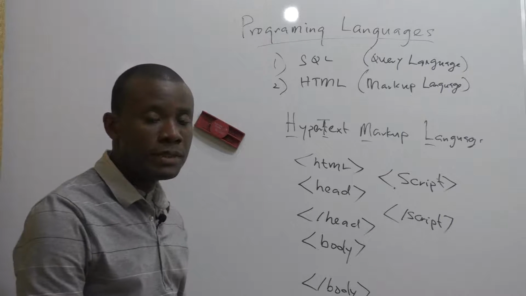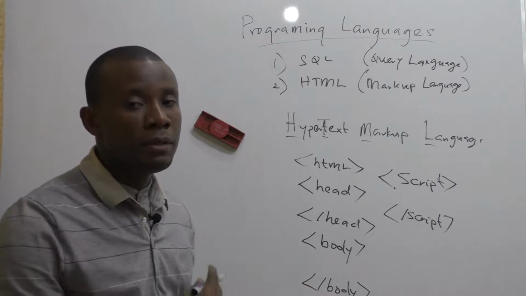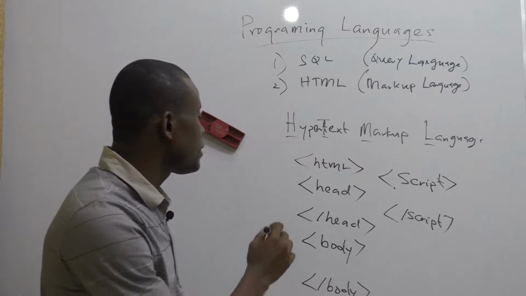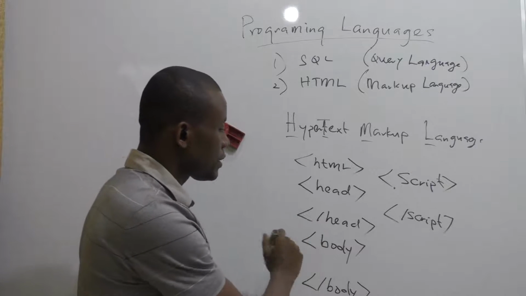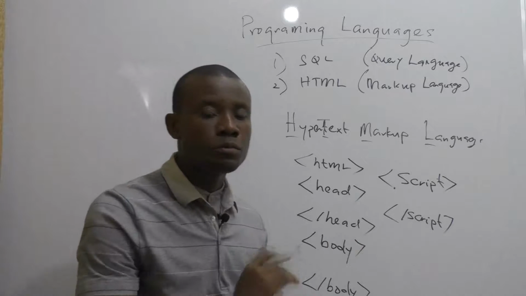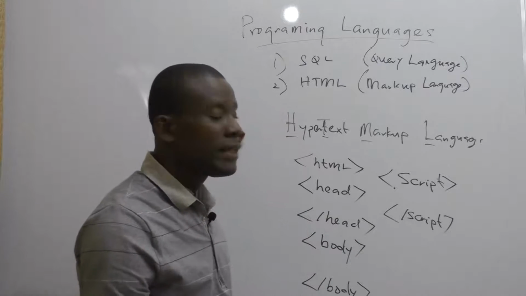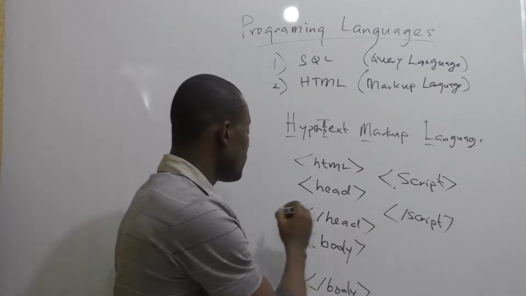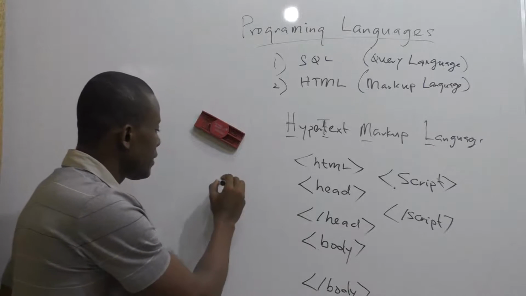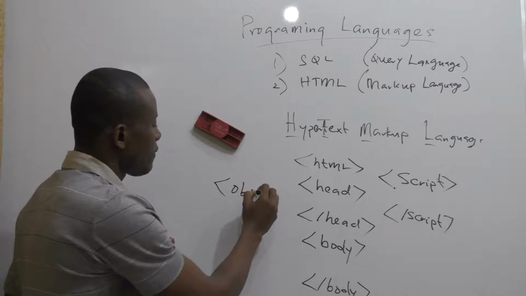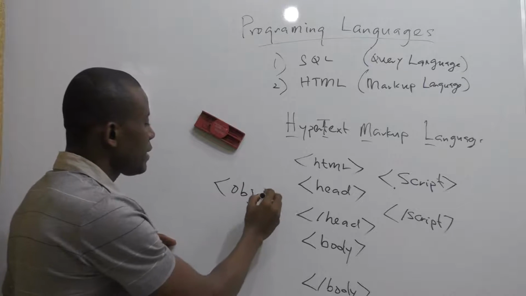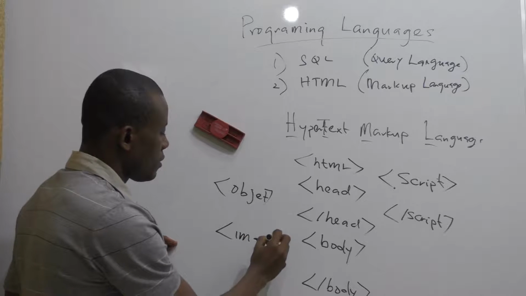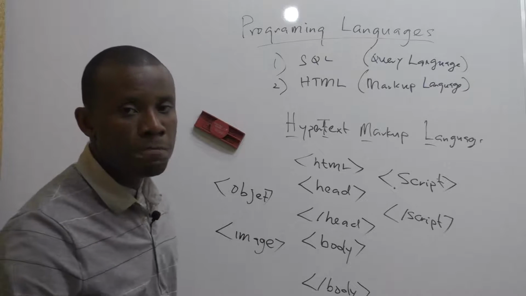It may be JavaScript, it may be VB script, it may be jQuery, or it may be some other kind of script. Another thing is also that you can embed pictures inside HTML programs. Everything you have to do has to be inside one tag or the other. You can have something like object. You can have something like image, and so on and so forth.